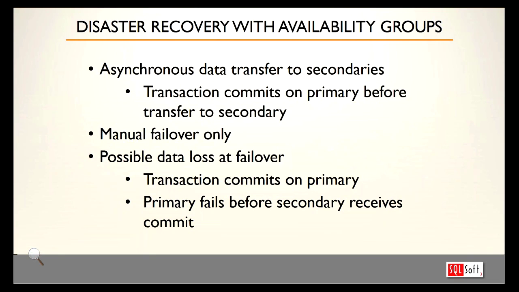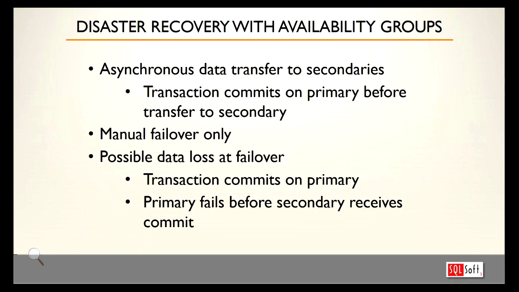This means that we can only manually fail over to a secondary when we're asynchronously writing, and we do have the slight possibility that we might lose some data, and here's how that might work.